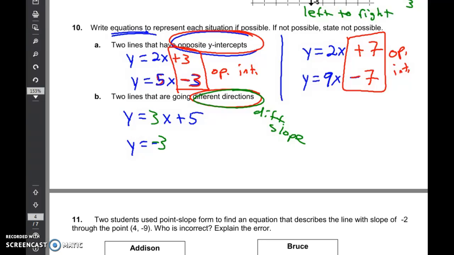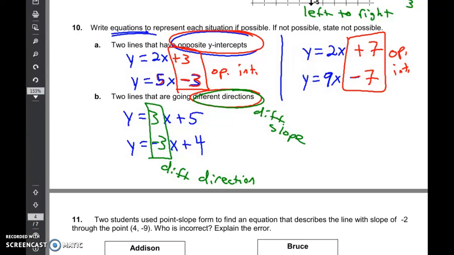Negative 3. Well, that's not only different, but it's opposite. And it doesn't matter what the blue numbers are. This shows me different slopes. This is where we get the different direction from. Probably should have said different slopes.